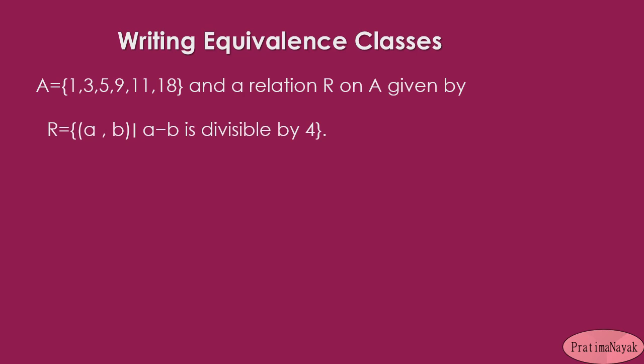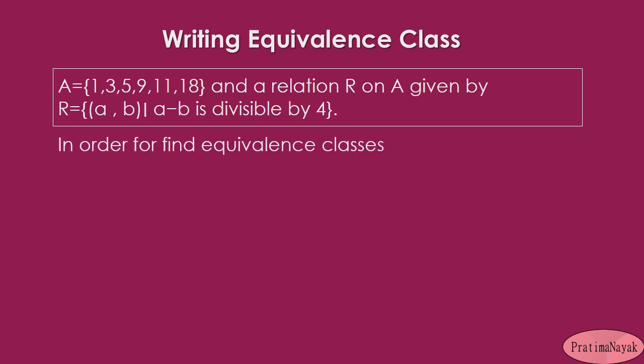So we have to find the equivalence classes, and each class should be related to each element of the set. So I repeat the question again. A is equal to {1, 3, 5, 9, 11, 18}. It is a set and a relation R on A given by (a, b), a minus b is divisible by 4. We have to get the equivalence classes.